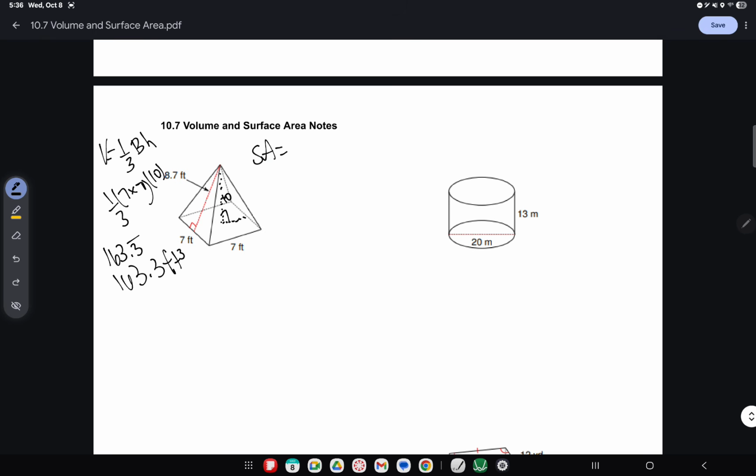And then the surface area is the area of the base. So that's a square, this is 7 times 7. And then I have 4 triangles, and the area of a triangle is base times height divided by 2. So the base is 7, the height of the triangle is 8.7, and then we divide by 2.